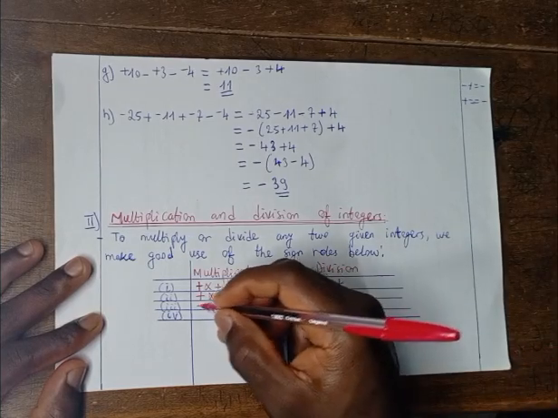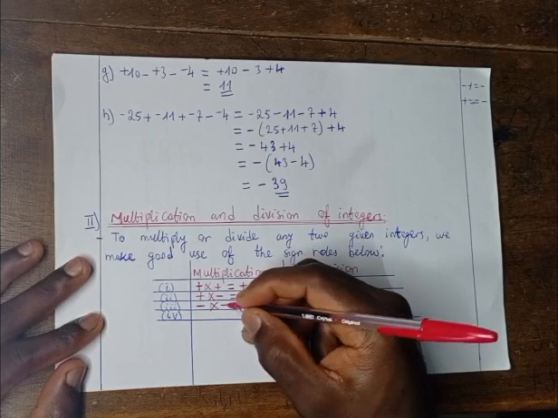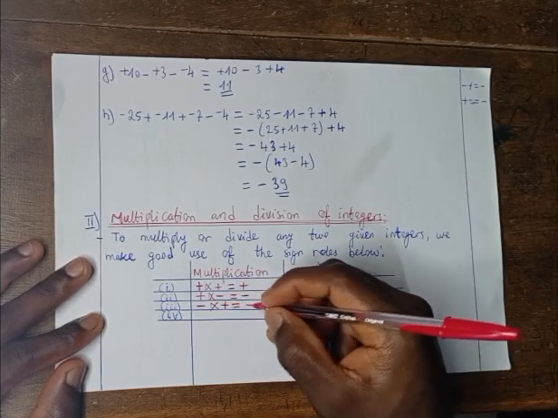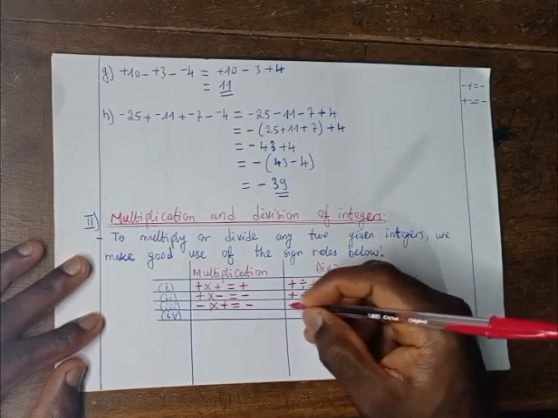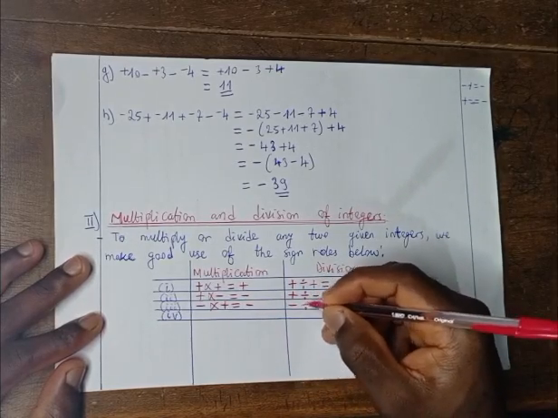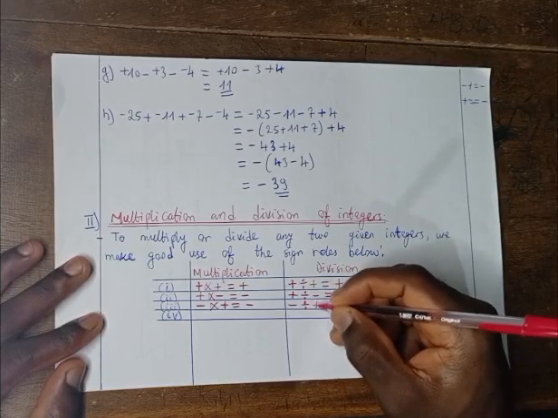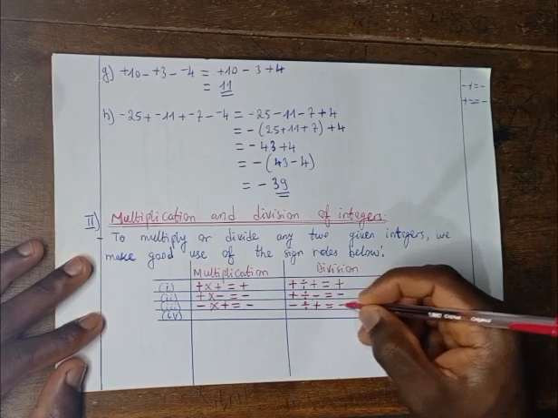Next, if we are to multiply a negative number by a positive number, the result will have a negative sign. If we are to divide a negative number by a positive number, the result will have a negative sign.